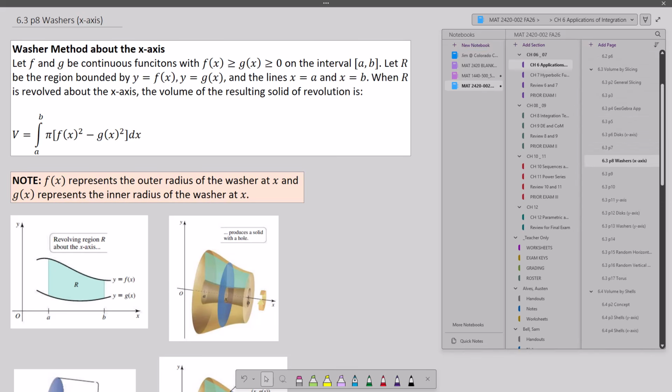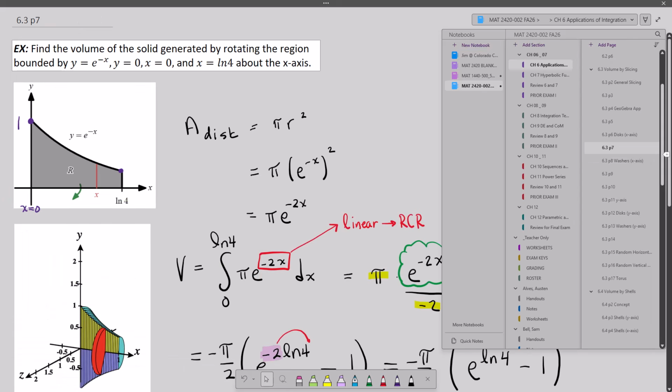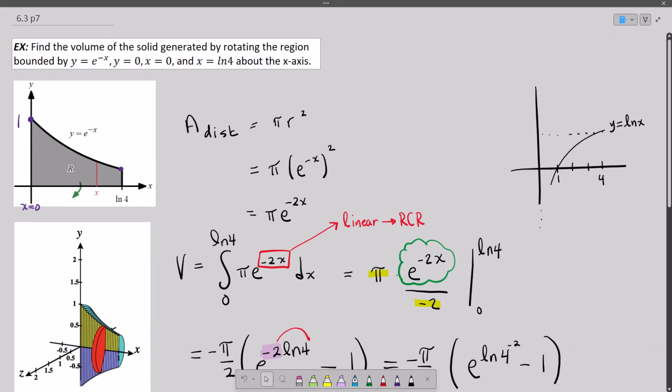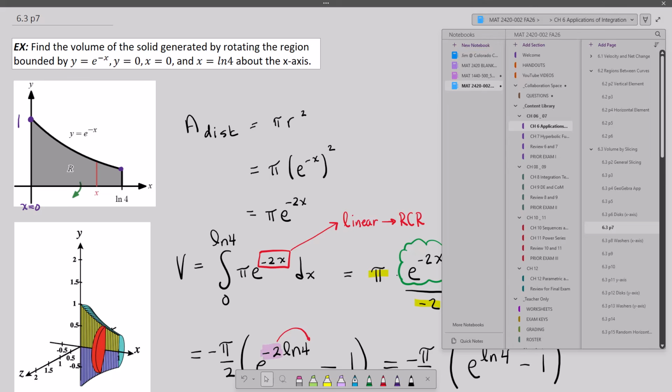So when we look at the last example we did, when we rotate this around the x-axis, the boundary there is touching the x-axis, so there's no hole. It's wrapping tight around the x-axis, so the cross-sections will be disks.